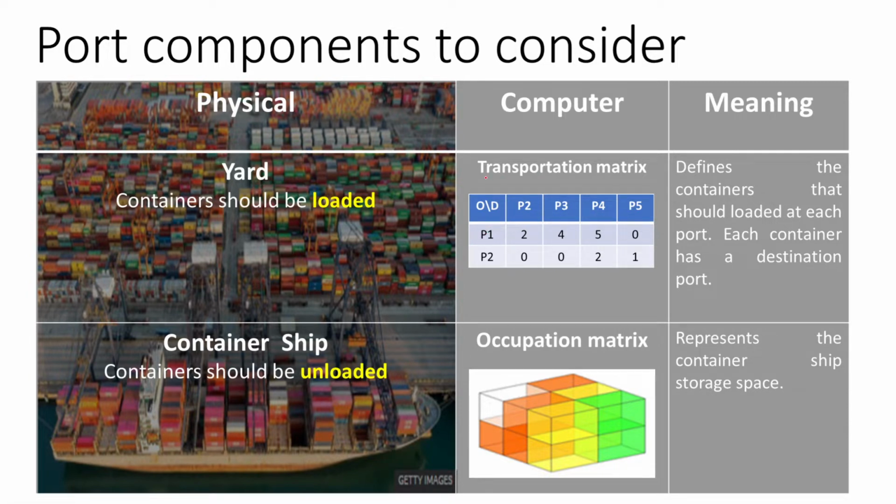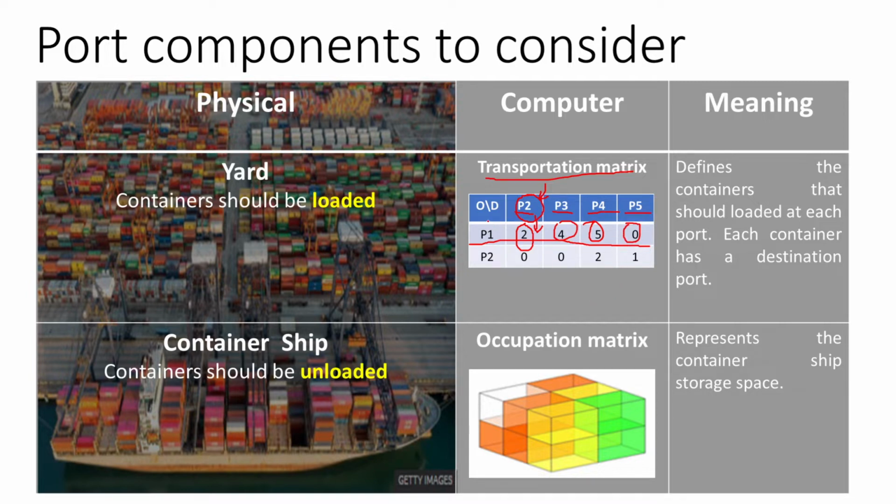So in this transportation matrix, we have a very simplified way to represent each port. For the first port here, we have just the number of containers and the destinations of these containers. So two containers should be unloaded at port 2. Their destination is port 2. For containers, the destination is port 3, and 5 for port 4 and 0 for port 5.